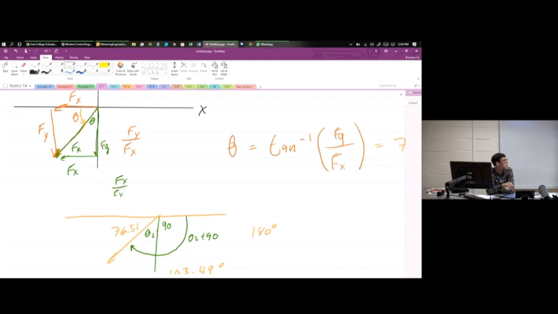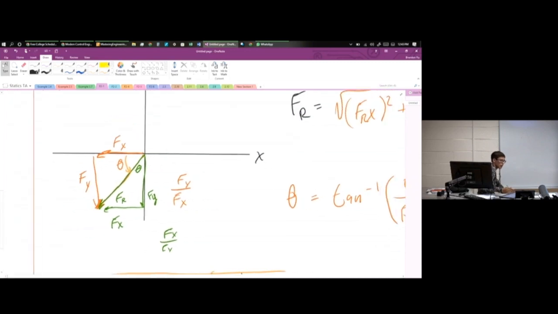So, yes. How did you determine that the theta was third quadrant? How did I determine the theta was? So we know that your Fx is going to be to the left, and your Fy is going to be down. So you can move those forces through your triangle method, right?